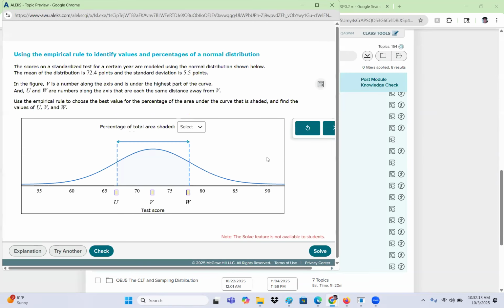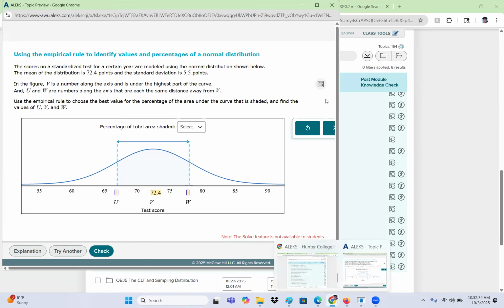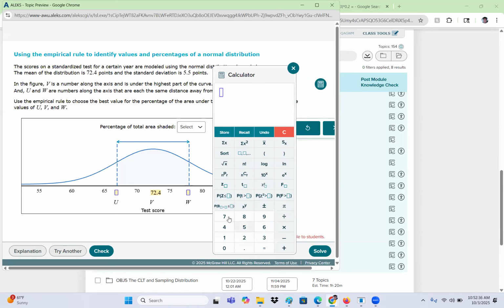But all that changes is that instead of having the solution, this is the bell shape. The mean was 72.4 and the standard deviation was 5.5. So we subtract 5.5: 72.4 minus 5.5, we get 66.9.